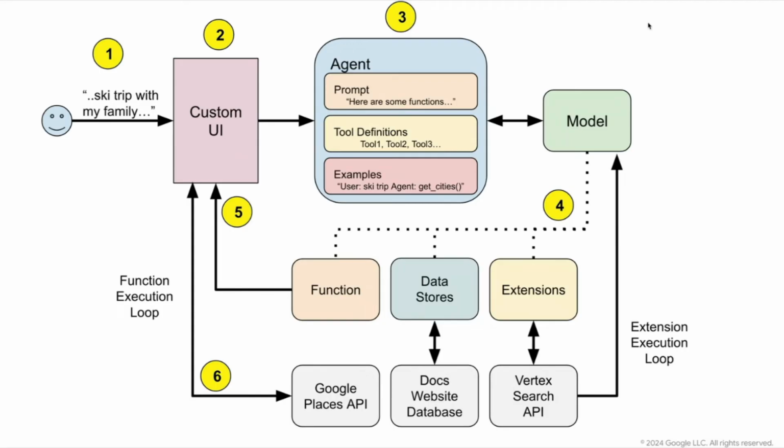My agent is working with the model and the tools and few shot examples, all that behind the scenes. And then that is connected to either function calls or data stores or extensions. And depending on which of those particular tools I'm using, it might go through different execution loops. It might go through the extension execution loop, which is autonomous, or the function execution loop, which kind of hands some work back to my custom UI, and the UI might call other API endpoints from there.